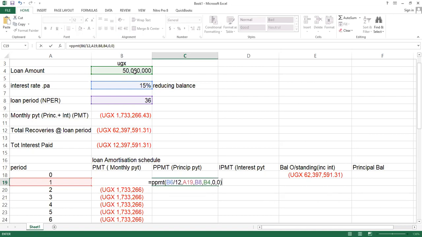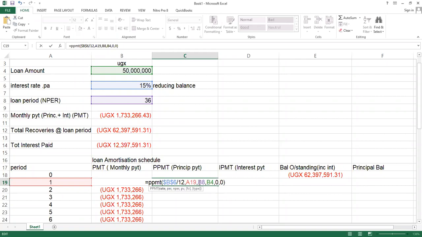Now I'm going to lock the cells. I lock this rate, and I also lock this one. Then I don't lock this period, PER. This one is not locked because my principal is going to vary from one period to another.